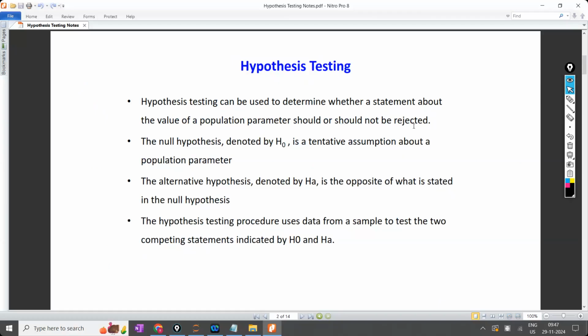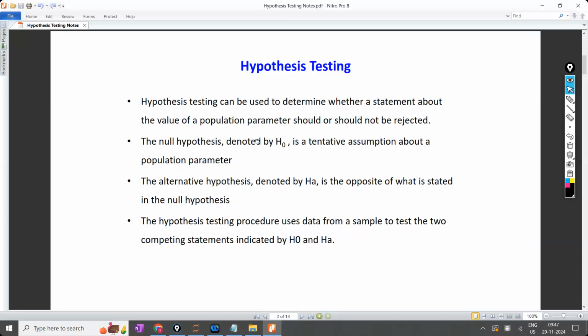Don't read the lower part, just read the first point: hypothesis testing can be used to determine whether a statement about the value of a population parameter should or should not be rejected. That is the meaning of hypothesis testing.